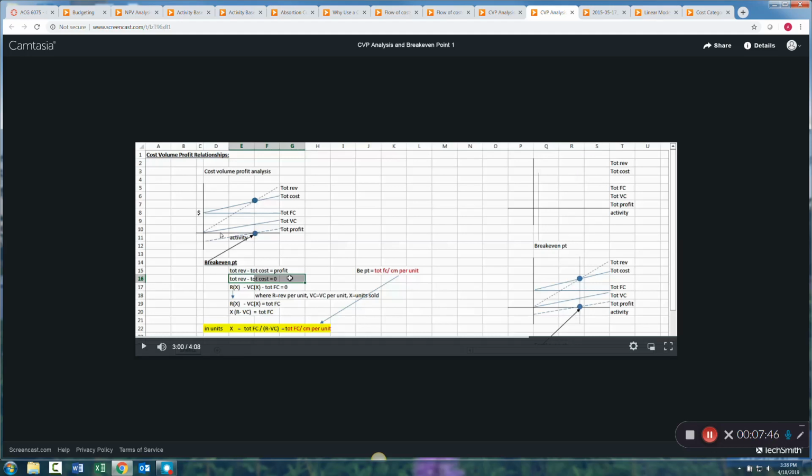And then there are all these other lines that depict total variable cost rising, total fixed cost flat, and total revenue rising, and hopefully total revenue is higher than total cost. So this is your total cost right here, and that occurs at the break-even point.